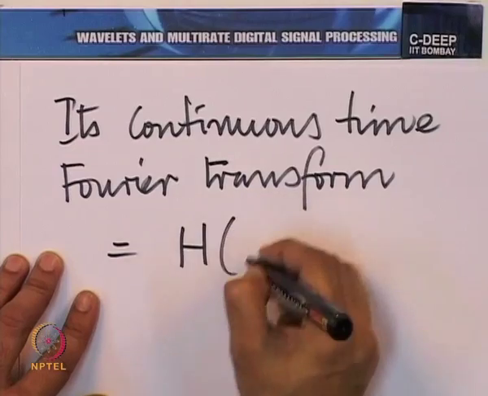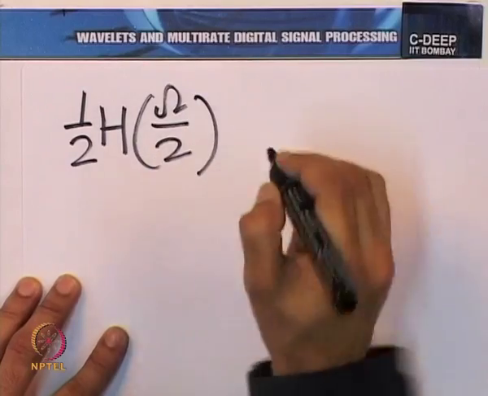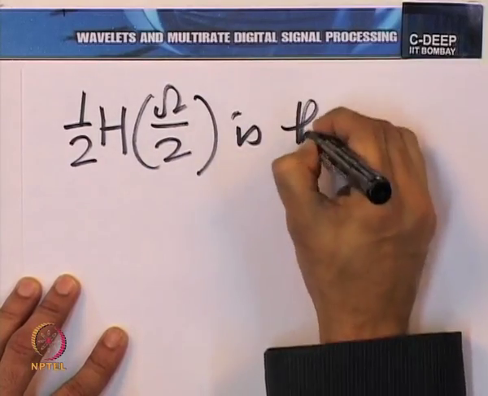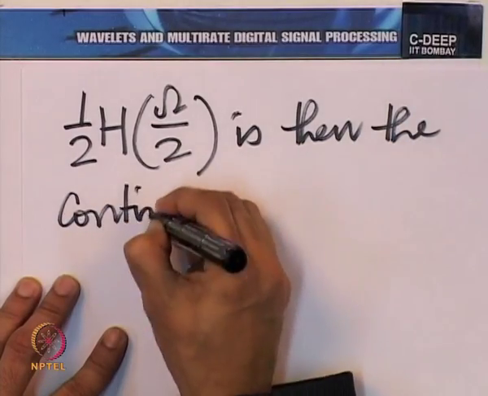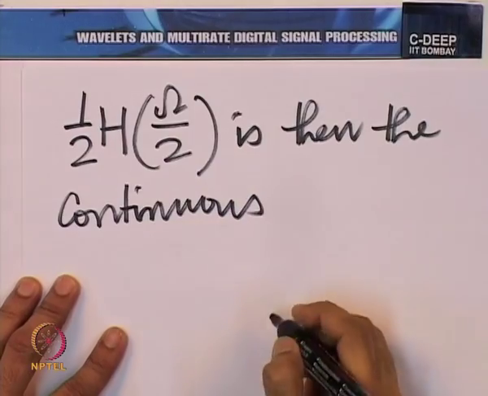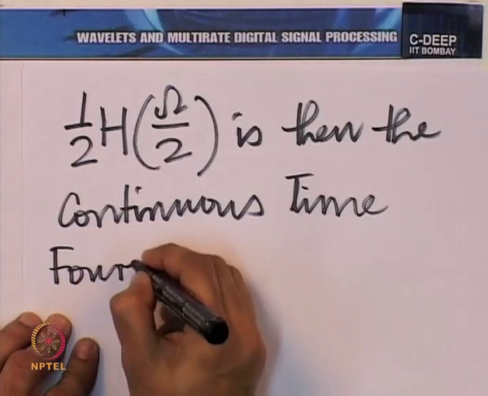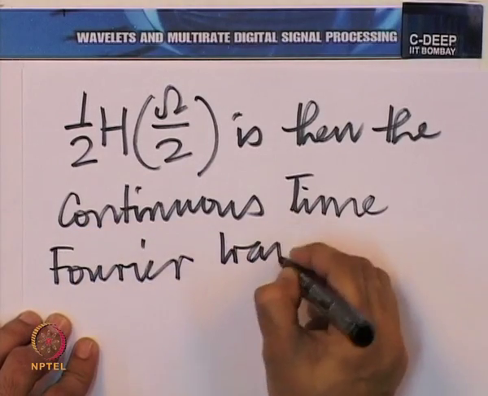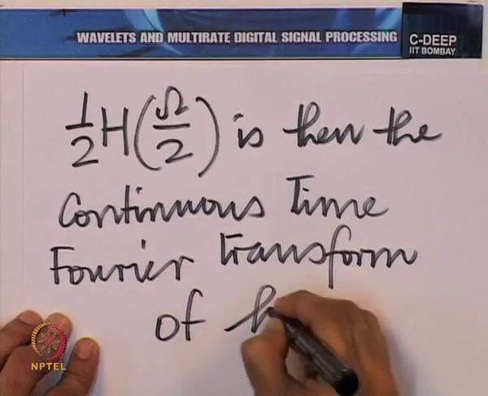is capital H of capital omega, and then half capital H of capital omega by 2 is then the continuous Fourier transform of h of 2 t.